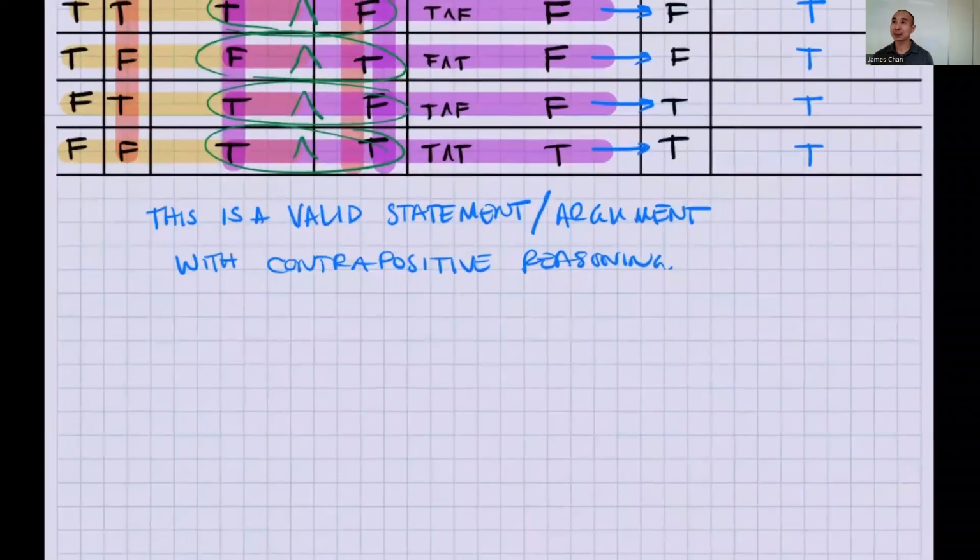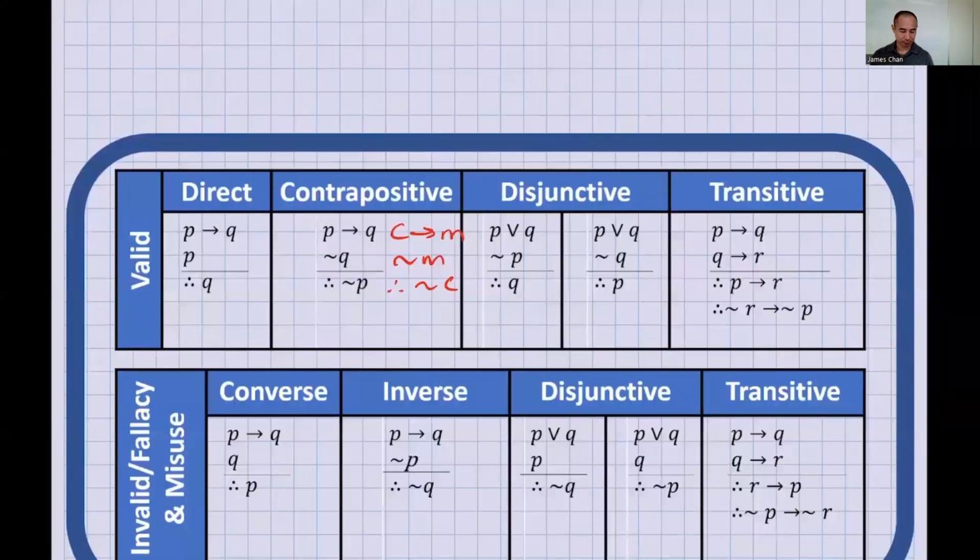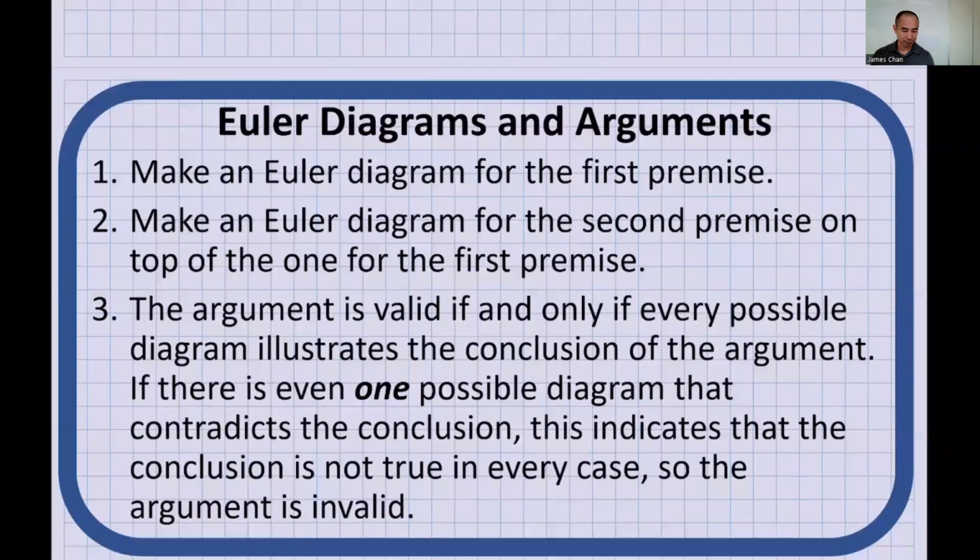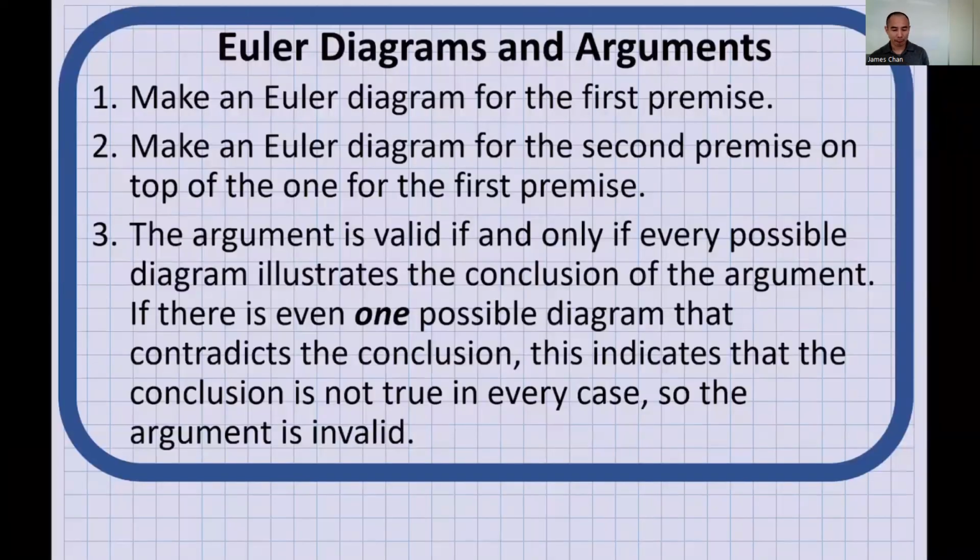Does that make sense? And let's talk about Euler diagrams and their arguments.